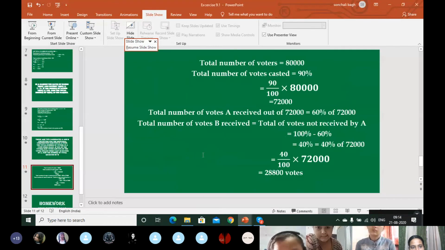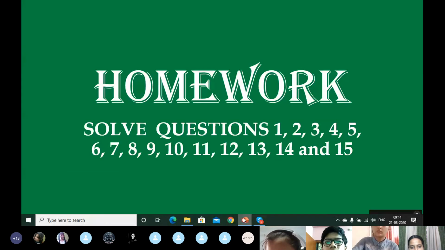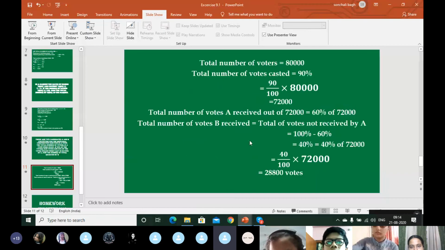Copy it down. I cannot resume the slideshow, so you have to see from here only, because the slideshow is not going back. Otherwise, I would have shown you.